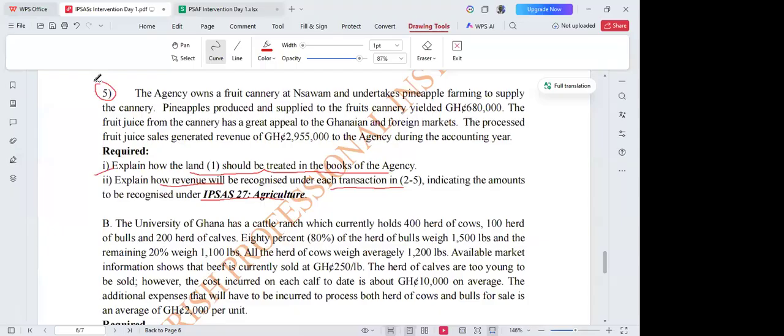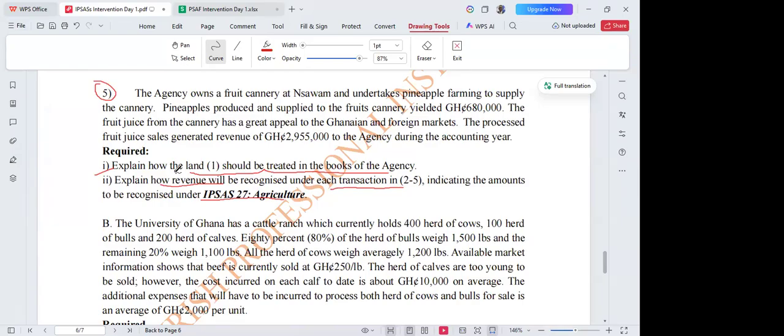The processed fruit juice sold generated revenue of 2,955,000 to the agency during the accounting year. Required: explain how the revenue should be recognized. It's okay. So the fifth one, yes.